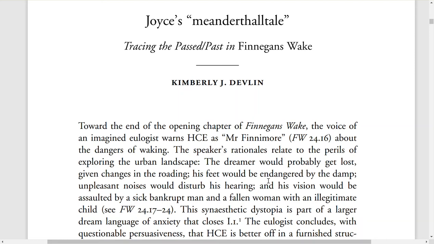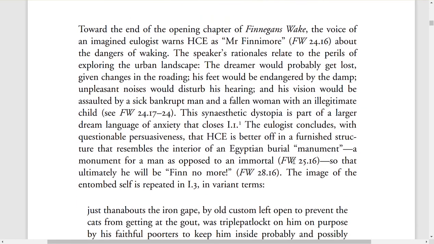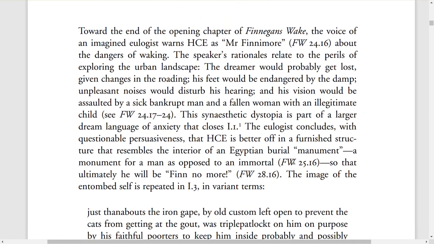In this example, "Joyce's Neanderthal Tale: Tracing the Past in Finnegans Wake." That's the title. Devlin here is skillfully analyzing Finnegans Wake, one word in Finnegans Wake. Remember, essay writing is not about analyzing the entire text.